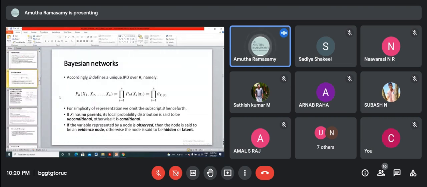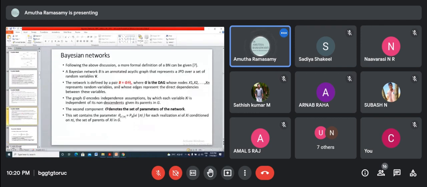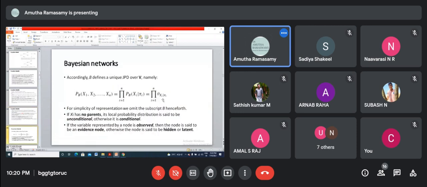So what is the Bayesian equation? This is the equation. If you explain, this is the network. There are conditional and unconditional things. If a node has no parents, then its local probability distribution is said to be unconditional.